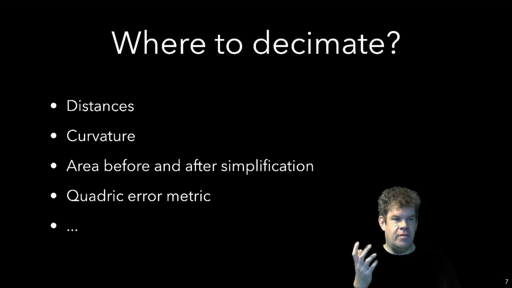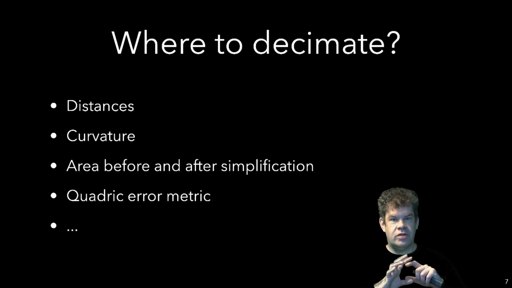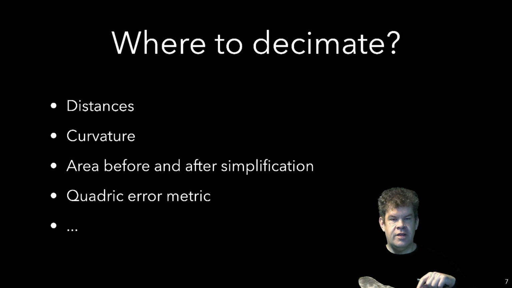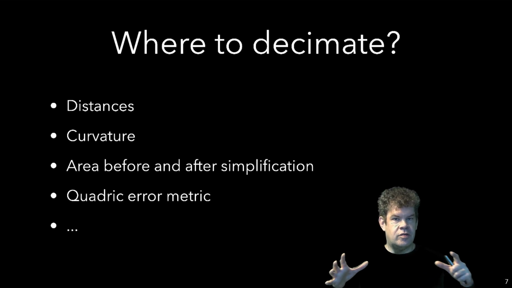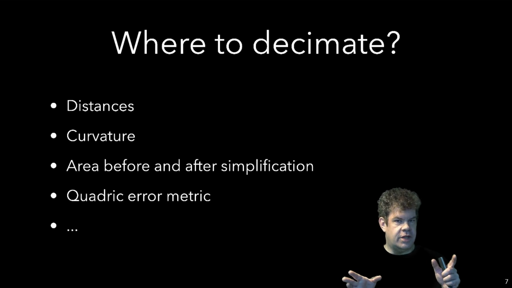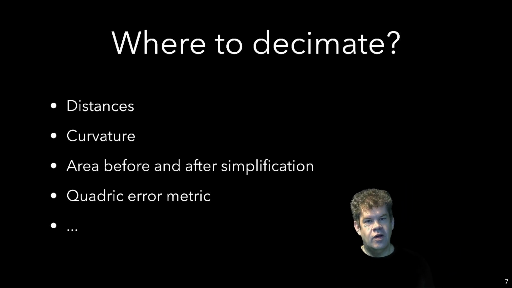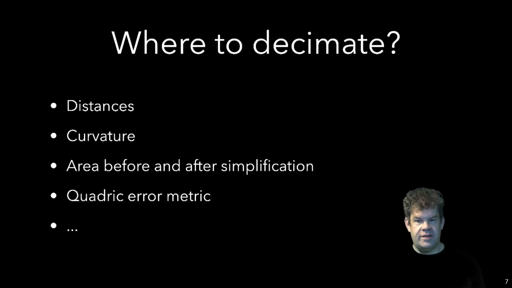I'll not cover curvature so much here. I'll probably cover it in advanced image synthesis next semester a little bit more, but just to give you an idea, since your mesh is a two-dimensional manifold, there's not just one curvature, there are multiple curvatures. There have to be at least 2 for 2 principal directions, and so on and so forth. Which one do you want to use? And so it gets a little bit more messy here.